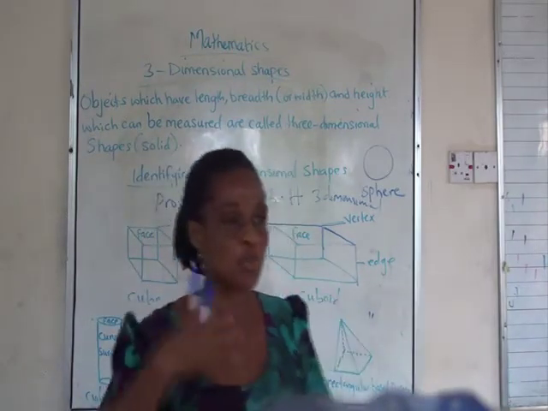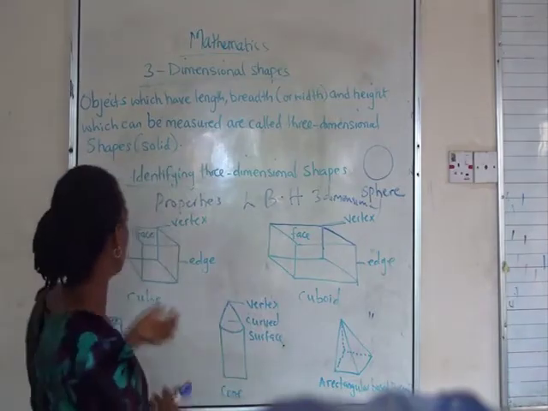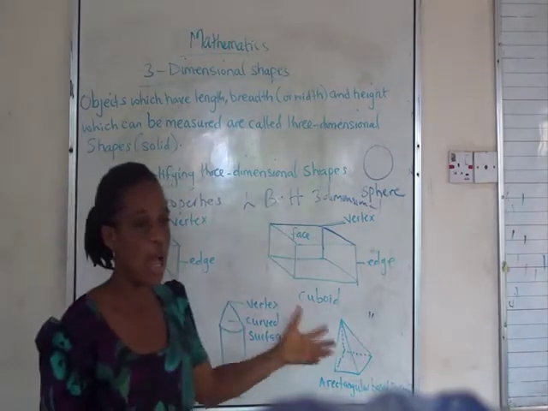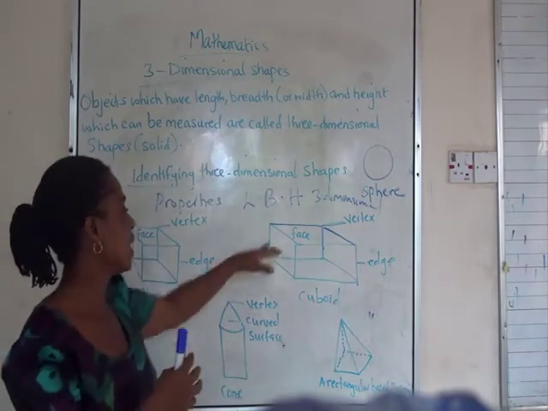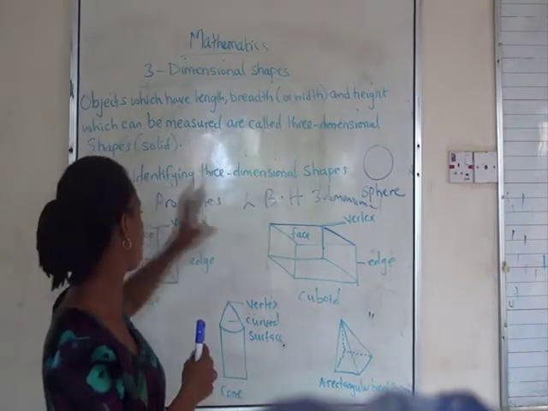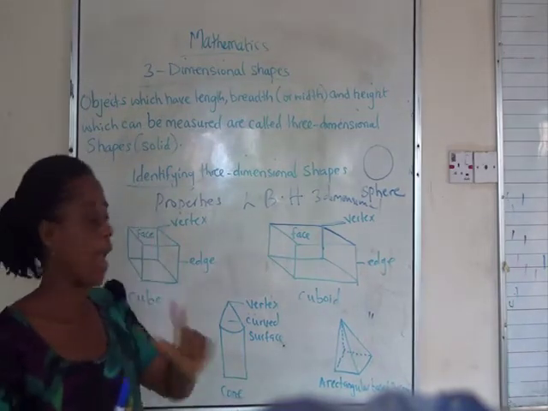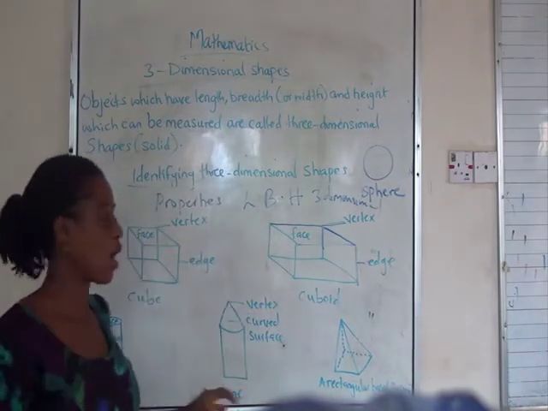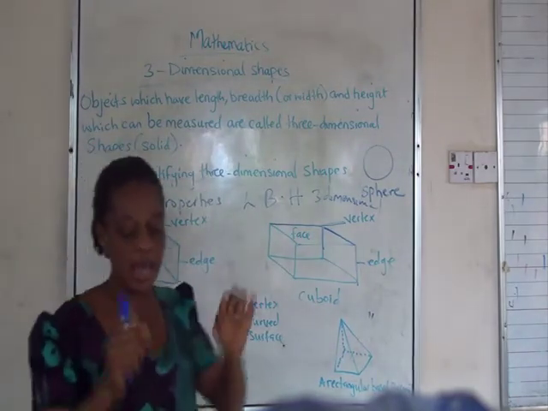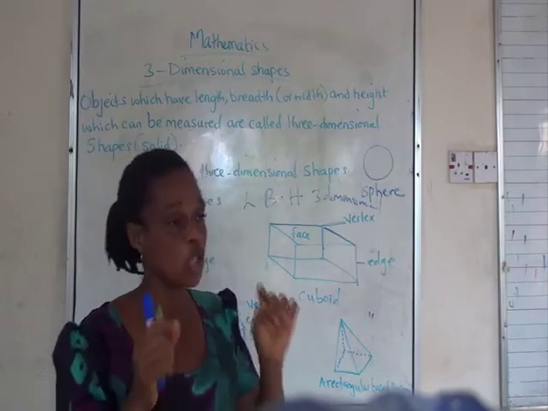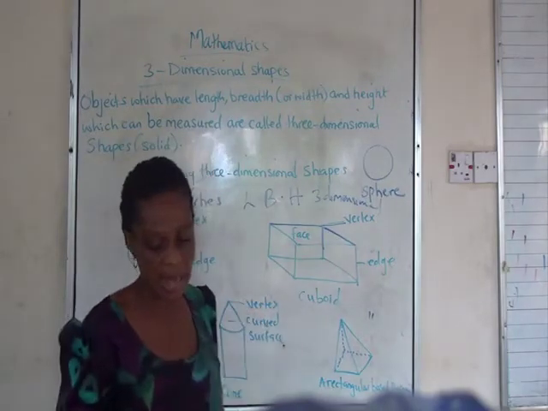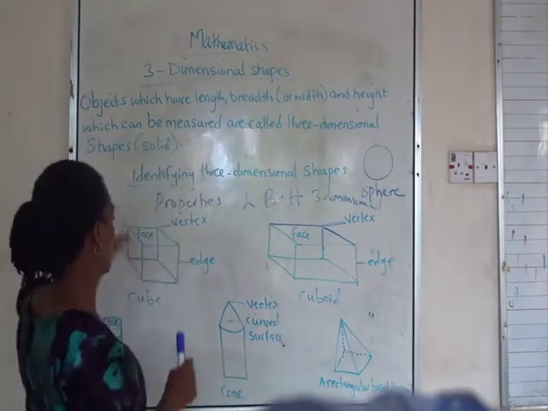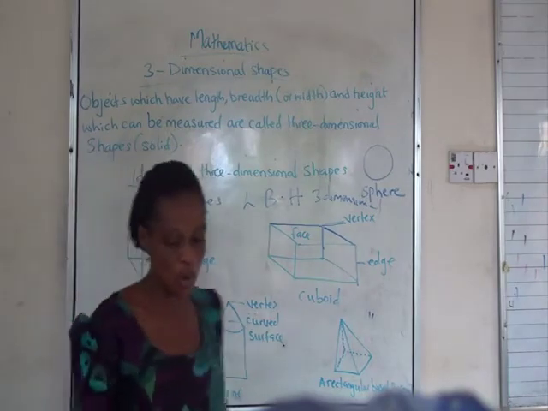We also talked about the properties of a cube and a cuboid. The only difference is that the face of the cube is square and the face of the cuboid is rectangular. But the properties are all the same. Both have 12 edges and 8 vertices.